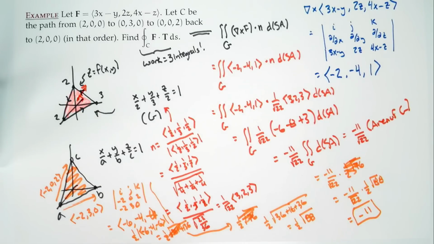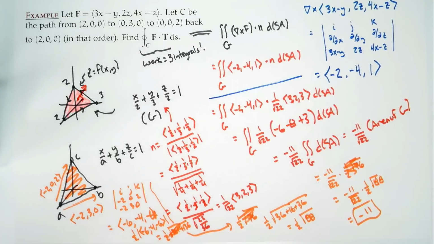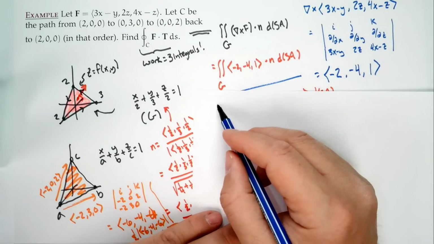Whew. Now, at this point, you're probably thinking, that seems like too much work. And the answer is yes, because we did it the hard way. We actually literally computed this integral as given, which is what we probably shouldn't do. What should we do? Well, we should have done the following.